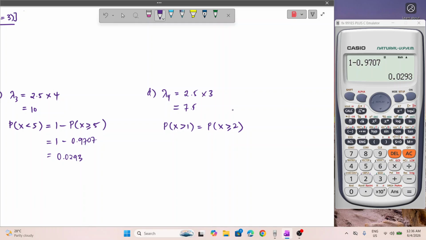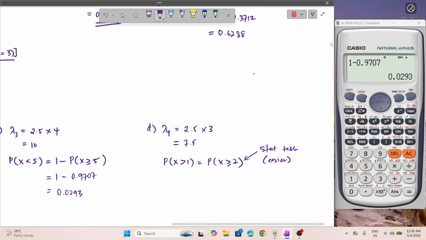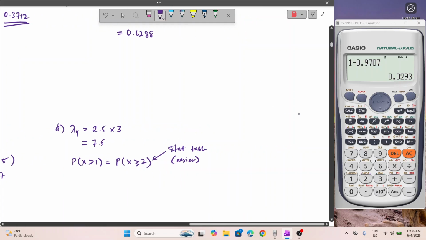For this one, you can use the statistical table and you will get the answer straight. It is easier. But if the question asks you to use the formula, then what you need to do is like what I have shown earlier.